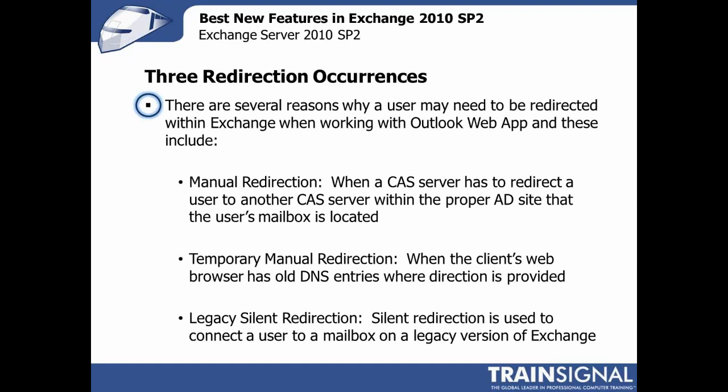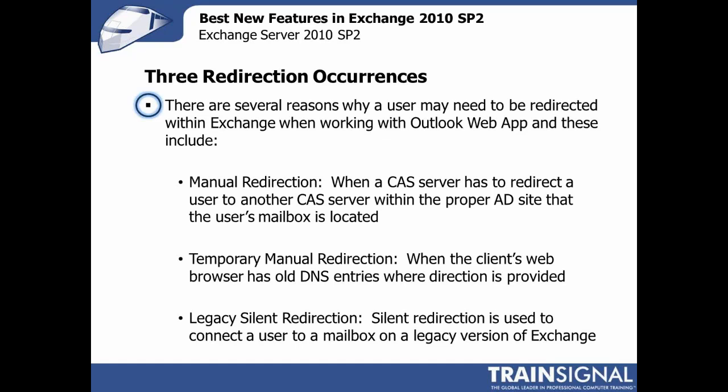So there's the temporary manual redirection, and then there's legacy silent redirection. Now this happens, and many of you who are in mixed environments, perhaps with coexistence going on between 2010 and 2007, you know that at times your users, when they attempt to log in, maybe they're connecting to a 2010 client access server, but their mailbox is on a legacy version of Exchange.